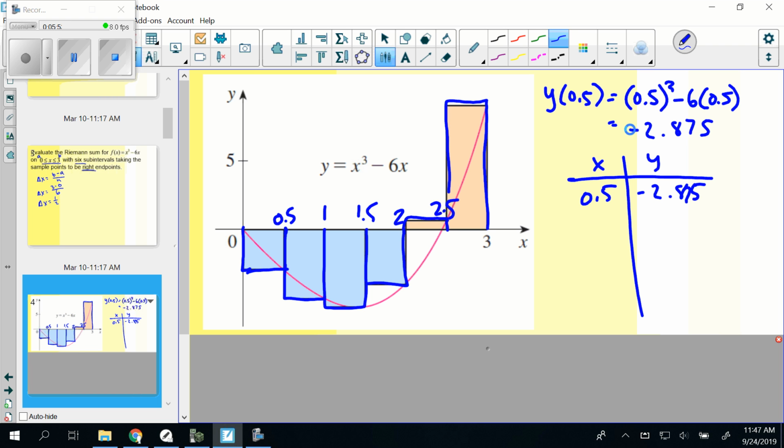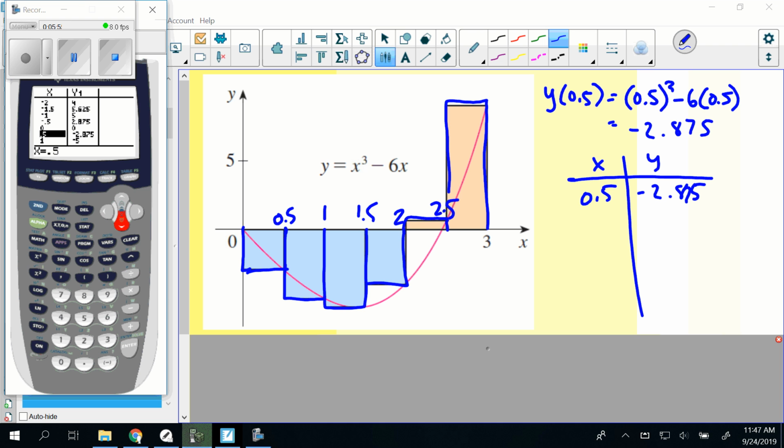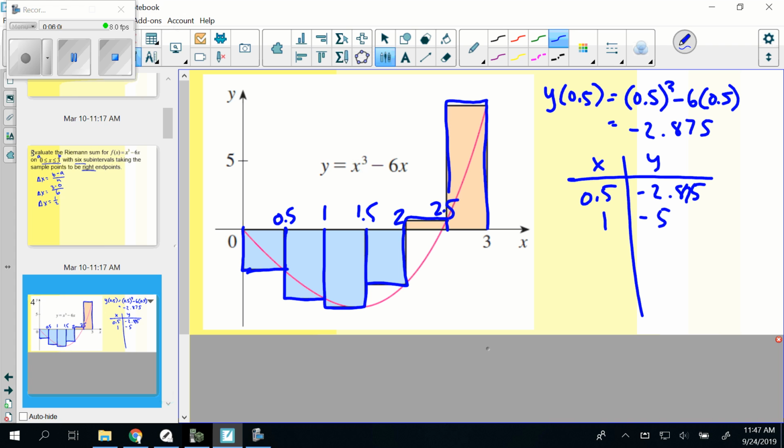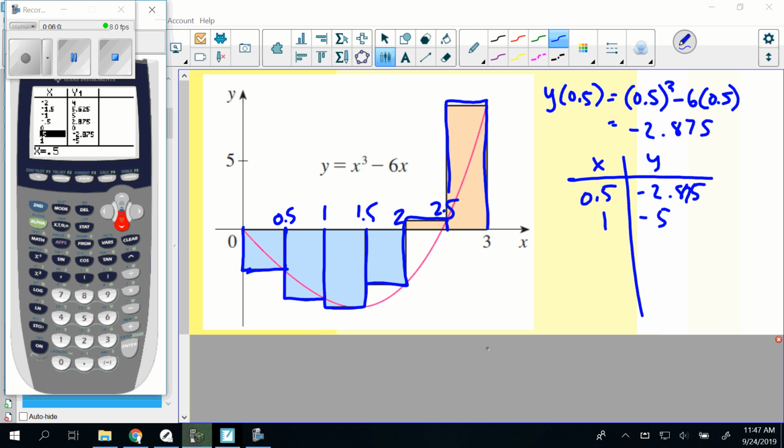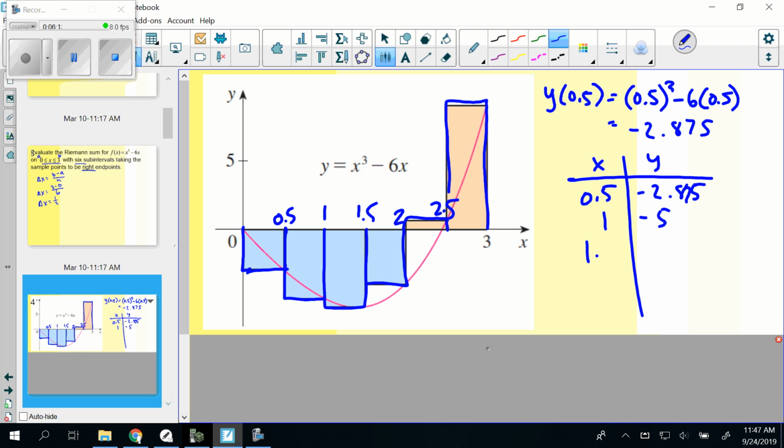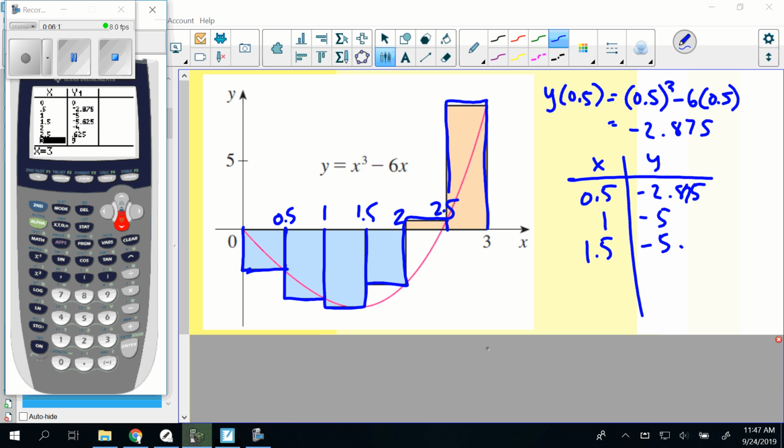So the height at 1 is going to come out to be negative 5. If we look at some of these other ones, we're going to want to scroll down here. We can see these other ones that we need. So at 1.5, it's negative 5.625.